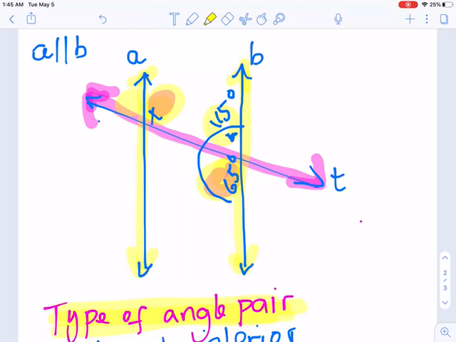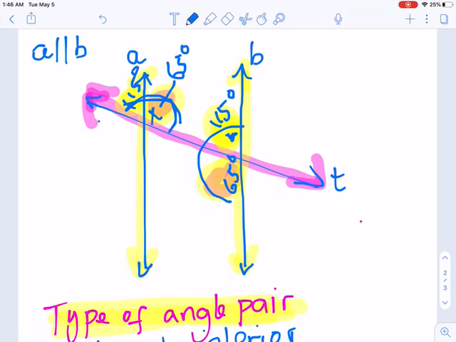Because they're sitting in the same corner at each intersection, this angle here is 115 degrees. If this angle is 115 degrees, then by linear pair, these two angles add up to 180, so I know that this is also 65 degrees.